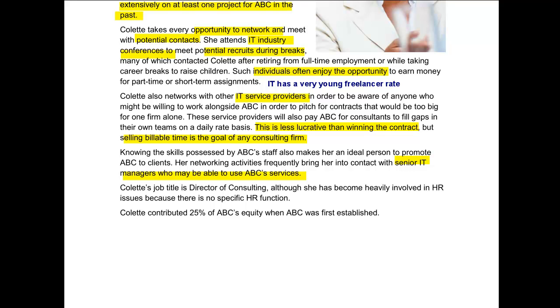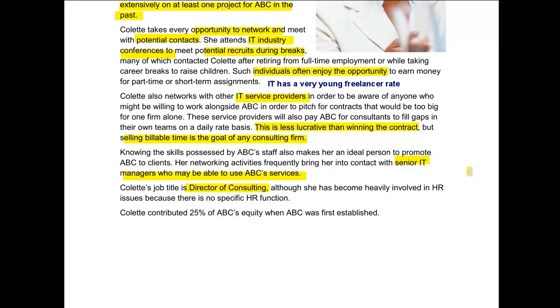So she's able to converse with people who would be in a position to bring on ABC as external consultants. And this goes into her title here as Director of Consulting, and based on what we've seen so far, there's nothing that we could argue means she isn't the right person for that job.